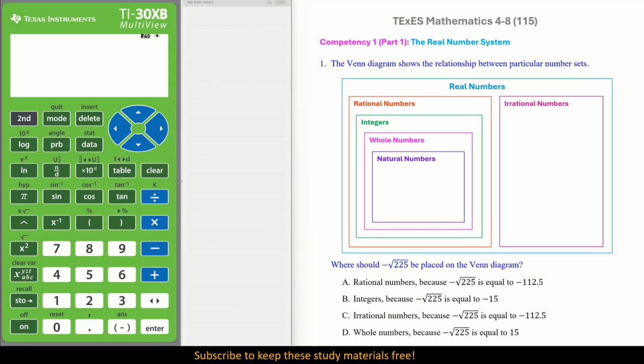For these videos, I will use the TI-30XB MultiView calculator. Presentation-wise, it is the same as some of the other calculators in that family.